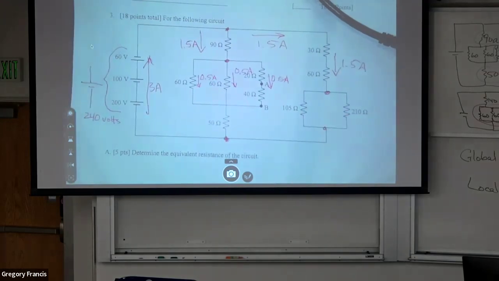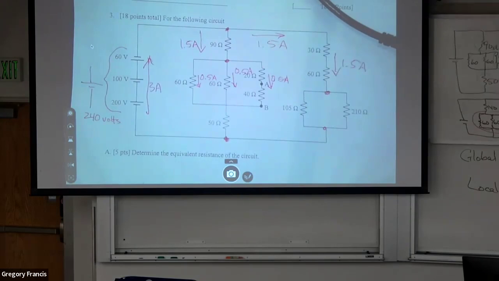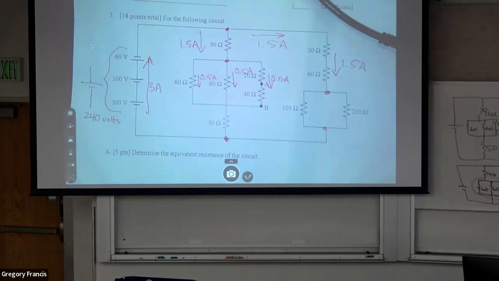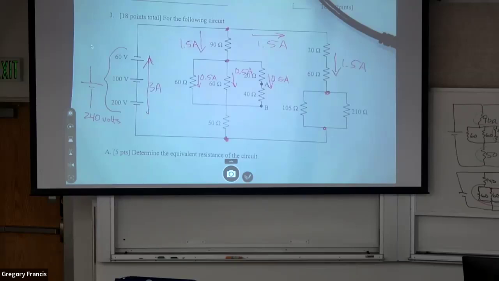Now, one way to see how to split that is to go back here. I've got 1.5 amps coming down here, and these 3 paths look the same. And so this is going to get a half amp. This is going to get a half amp. And this is going to get a half amp.